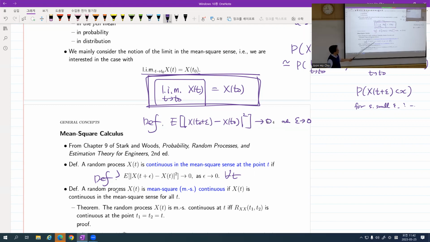You suddenly see that even though there is no sequence, by constructing a sequence epsilon sub n that converges to 0, this problem reduces to the convergence of a sequence of random variables to another random variable if you specify t. So this is the definition of mean square continuity. Let me repeat. This one is the definition of mean square continuity at t0. And if I put for all t, it is the definition of mean square continuity for all t.